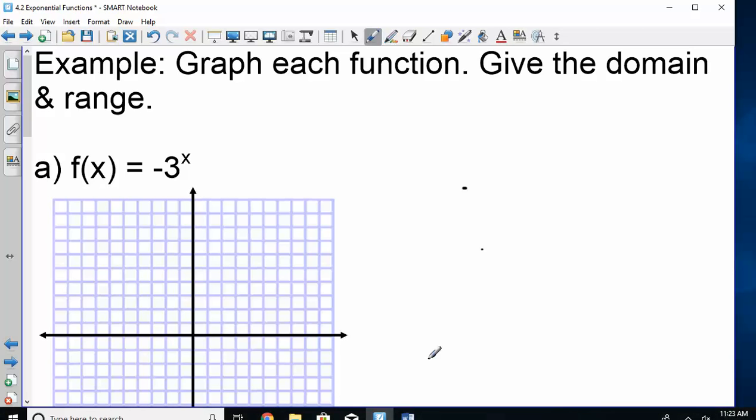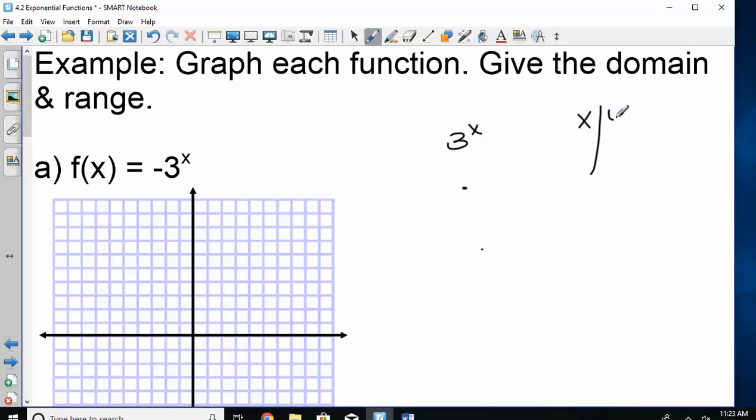Let's graph this, let's do parent functions and then apply transformations to them. So my parent function would just be 3 to the x.